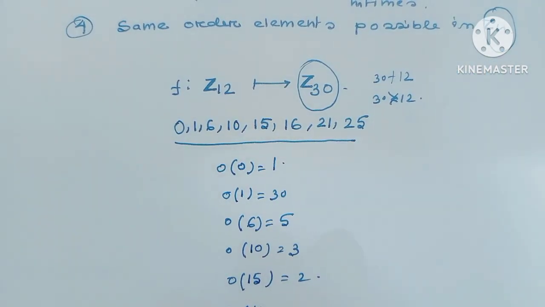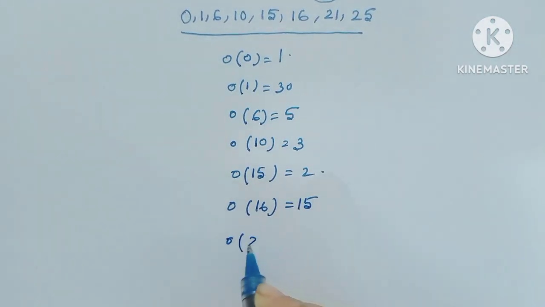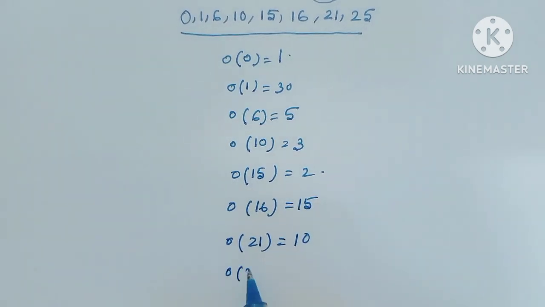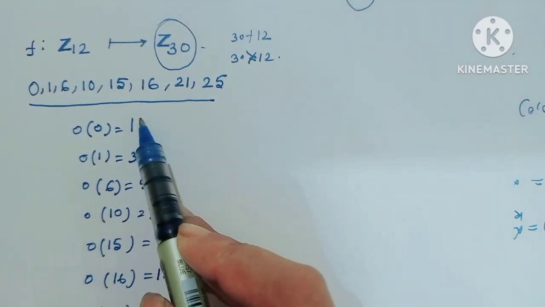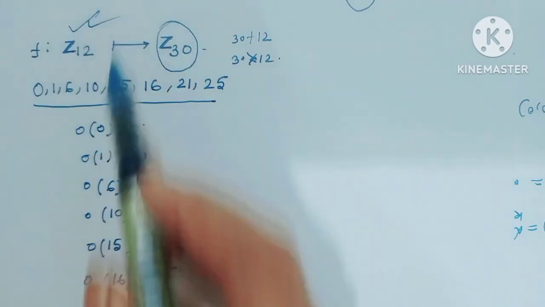The order of 16 in Z30 is 15. The order of 21 is 10. And the order of 25 is 6. Now we have to find whether an element of this order exists in Z12.